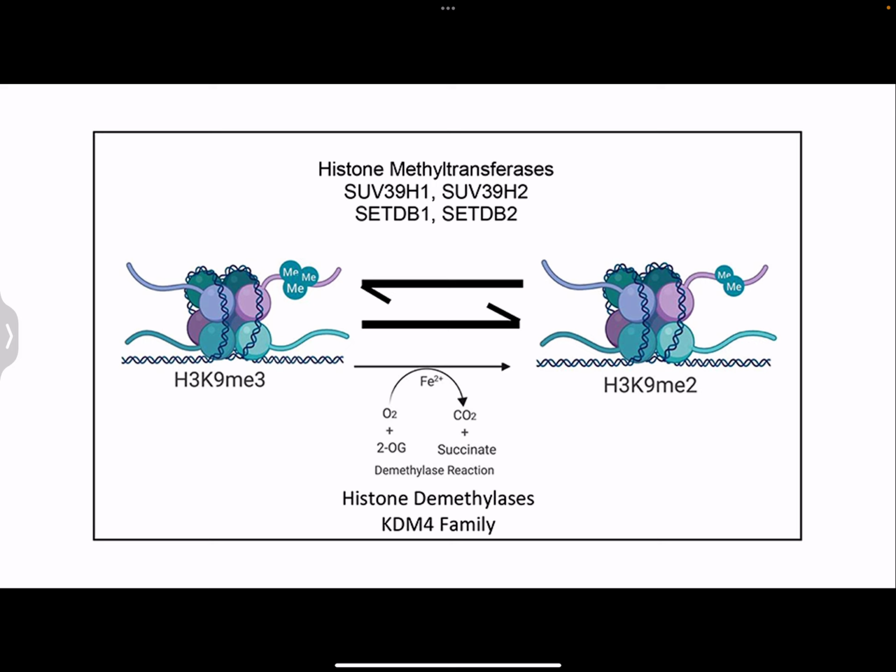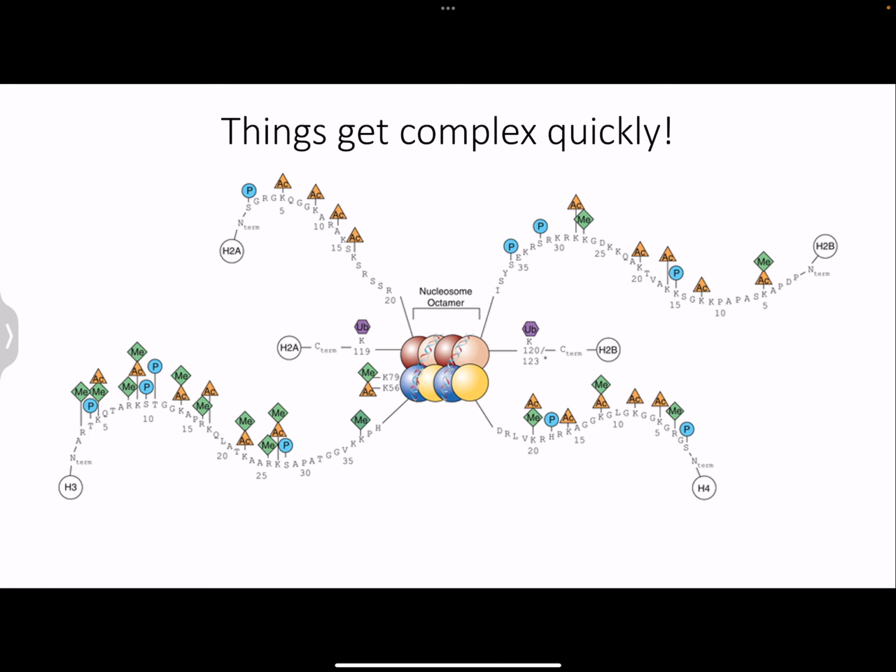So this is just an example of a histone 3, the 9th lysine. It has 3 methyls, and then an eraser could take something off. Now it's 2 methyls, and then of course we could go back as well. So that would just be a methyltransferase and a demethylase.